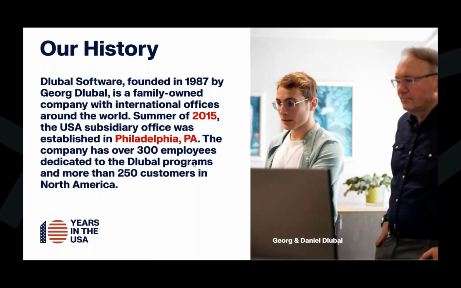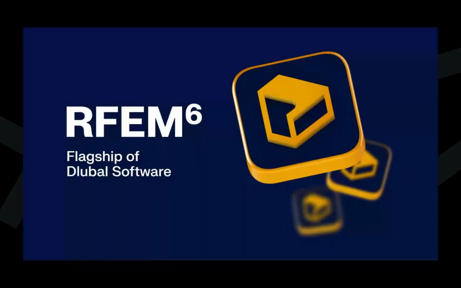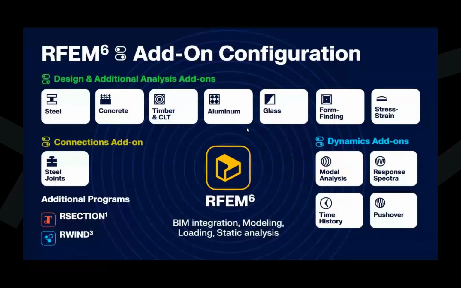So now moving on to RFEM 6. This is going to be the flagship of the software that we offer. This is our general FEA program for structural analysis and design. For those of you not familiar with our software, RFEM 6 is the base program.